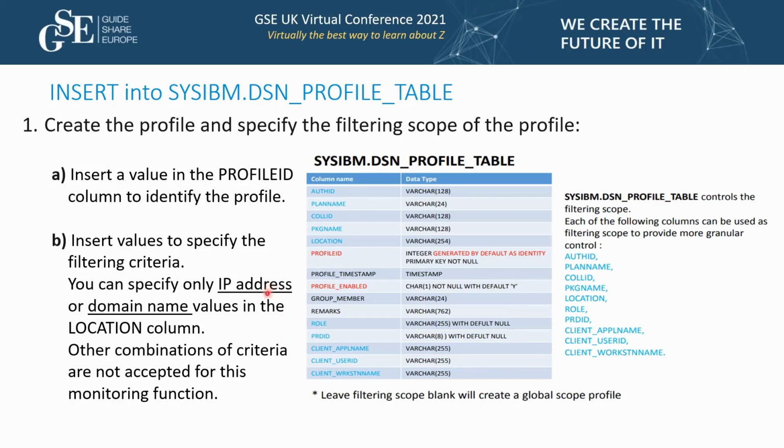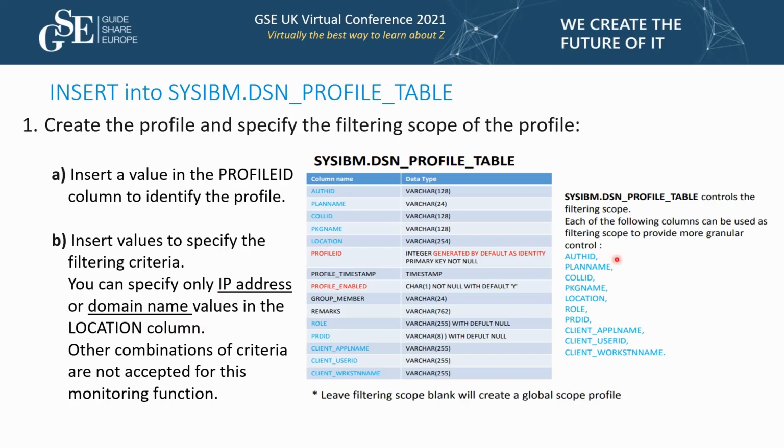So in this example, if we want to monitor Db2 connections, we can specify an IP address in the location column, or we can specify a domain name when we want to monitor connections.